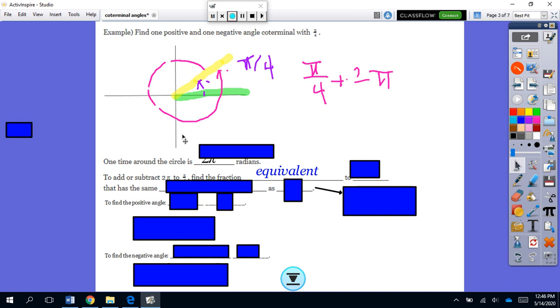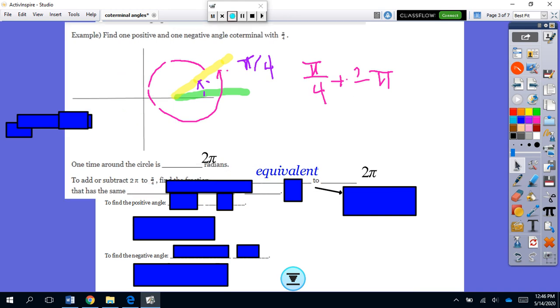However, remember, when you have fractions, you have to have the common denominator. One time around is 2 pi radians, which is really 2 pi over 1. So we want to find the fraction with the same denominator as pi over 4, or whatever angle you're given. All you're going to do is multiply 2 pi over 1 by whatever your denominator is.